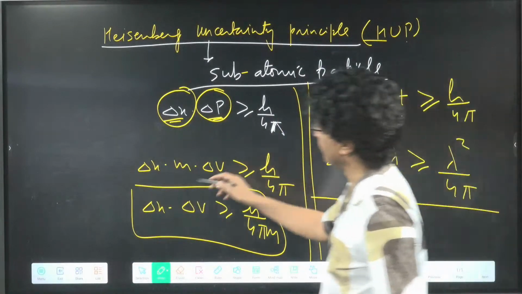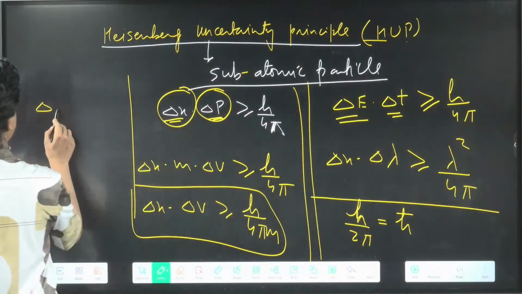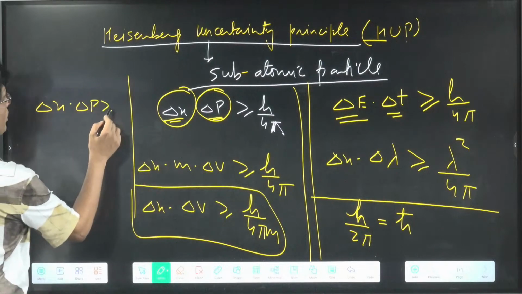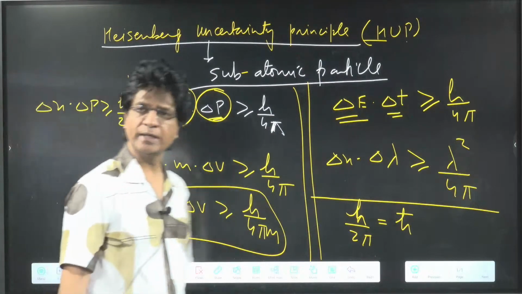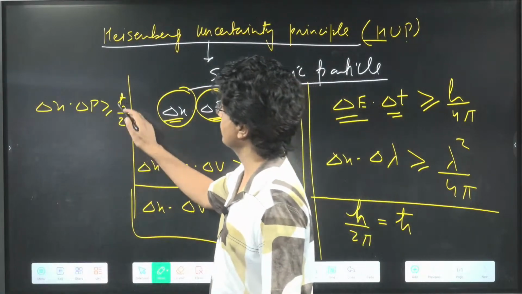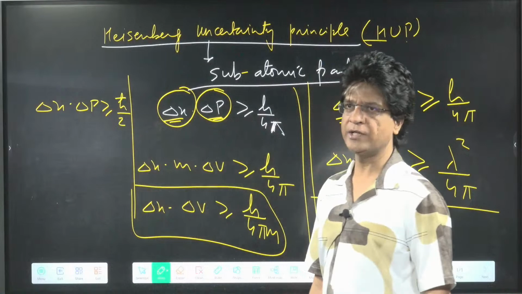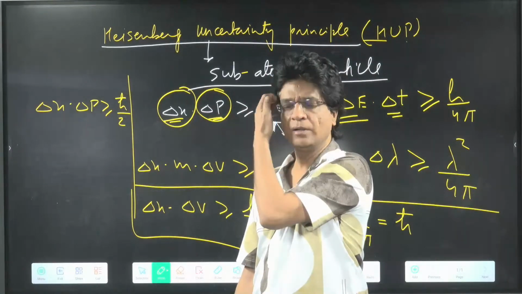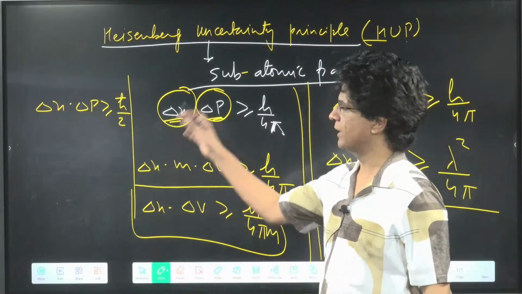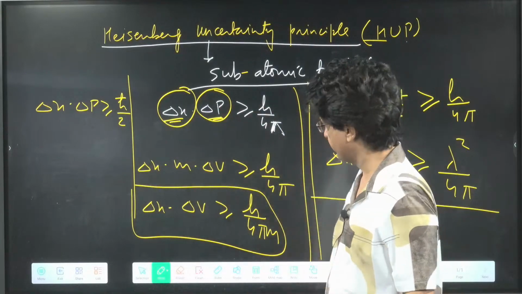Sometimes they can ask whether this statement is correct or not: delta x into delta p is more than or equal to h bar upon 2. Will it be correct? Yes, I can say that. So be careful with that.